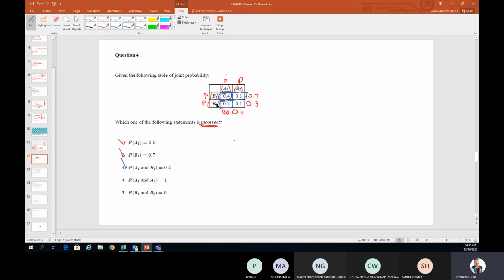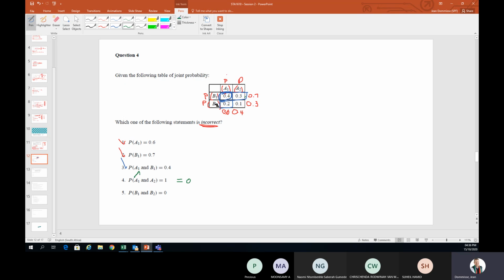Okay, so can A1 and A2 happen at the same time? A1 and A2 can't happen at the same time, so A1 and A2 is mutually exclusive. So the probability of A1 and A2 needs to be equal to 0 and not 1.